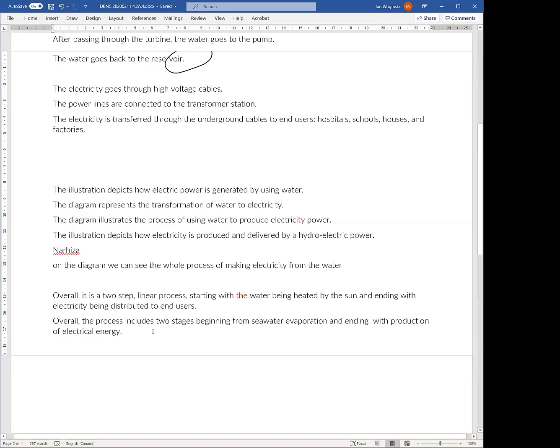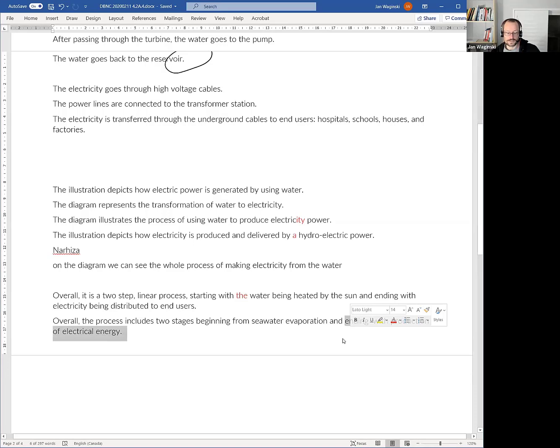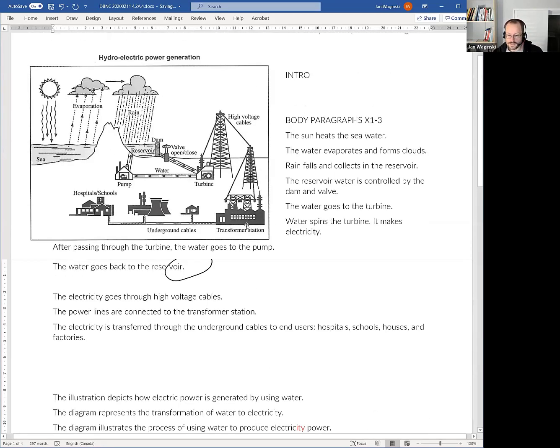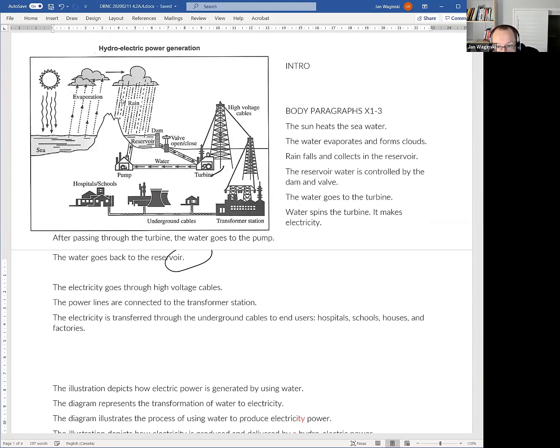The next one: ending with production of electrical energy. So this is not the last step. Okay, so that's going to be a problem if you write that. Because the production of electricity is this step, and then you've got everything else that's missing still.